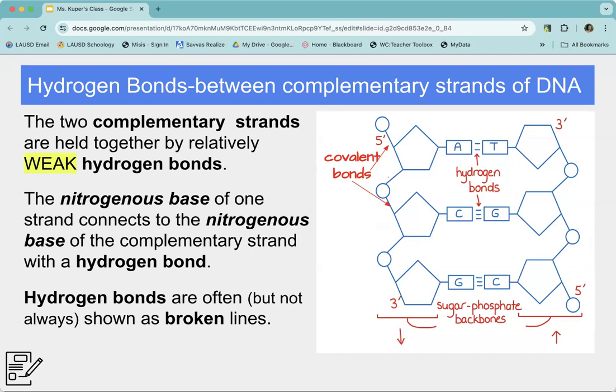So the nitrogenous base of one strand of DNA connects to the nitrogenous base of the complementary strand with a hydrogen bond. And you can see from the diagram, A pairs with T, C pairs with G, and so on. And hydrogen bonds, when we look at drawings of DNA, are often, but not always, shown as broken lines or dotted lines or dashes.